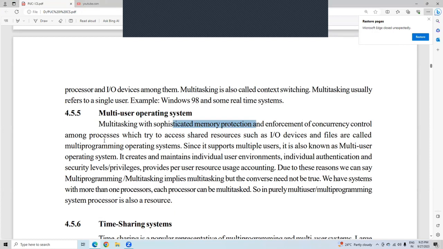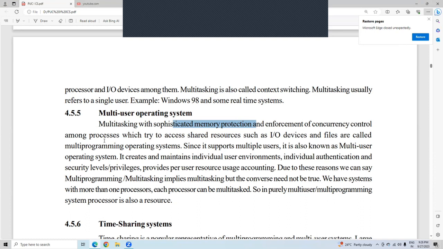Concurrency means simultaneous control among more than one process which try to access shared resources such as IO devices and files. This is called a multi-programming operating system. In it, more than one process will be trying to access any input device, output device, or file.